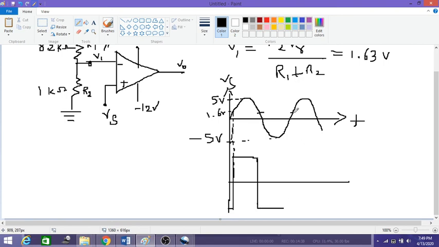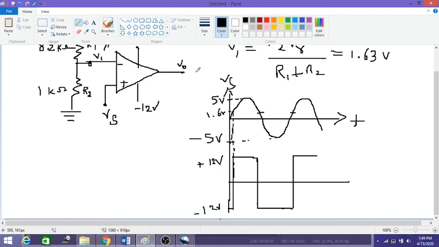It remains in negative saturation till the input rises to 1.6 volts, and when the input crosses 1.6 volts, I'll get a positive V saturation, and this pattern repeats. So this is my plus 12 volts, and this is my minus 12 volts.